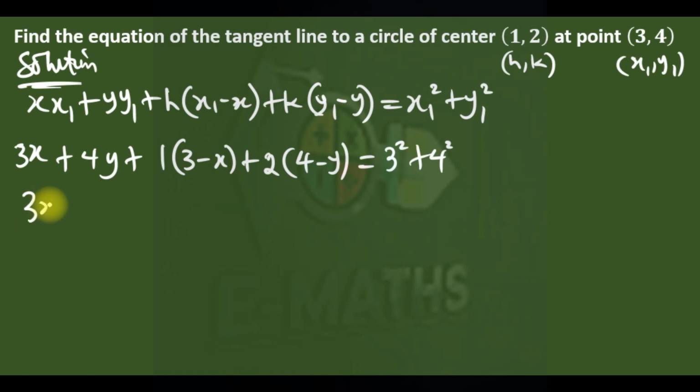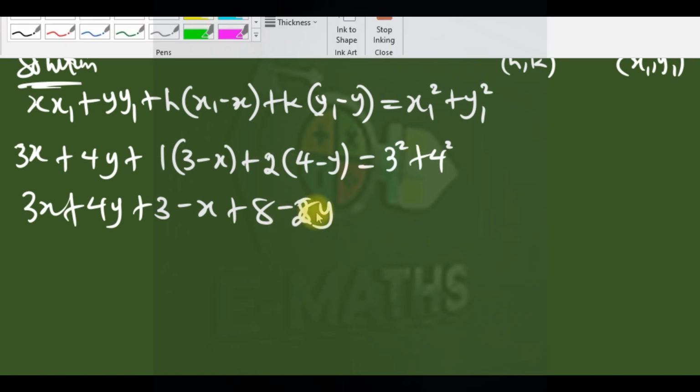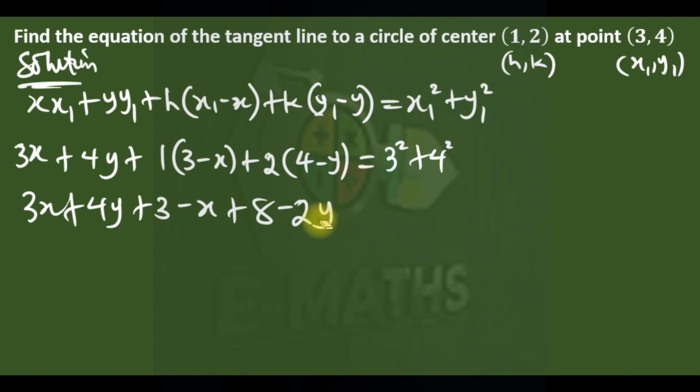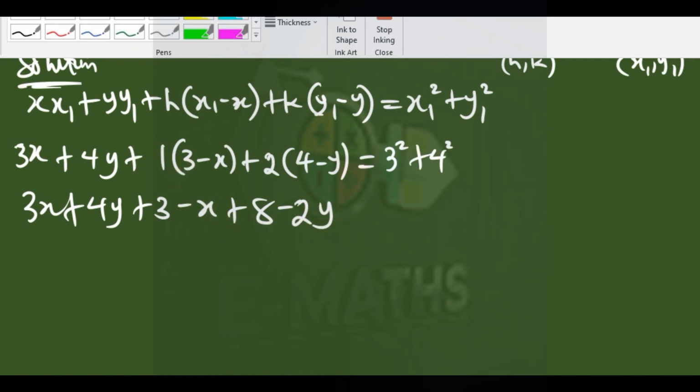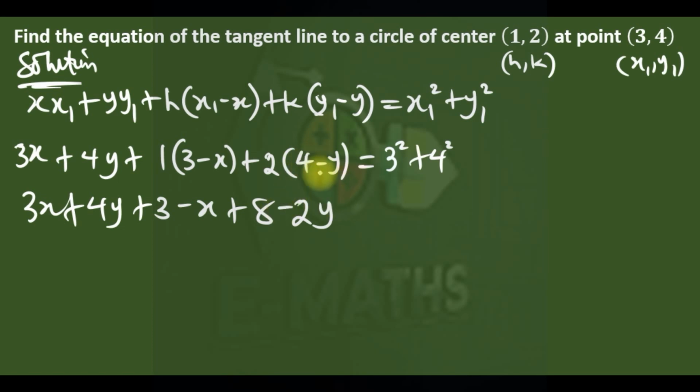So this is 3x plus 4y, plus 3 minus x, plus 8 minus 2y, equal to 5 squared, which is 25.